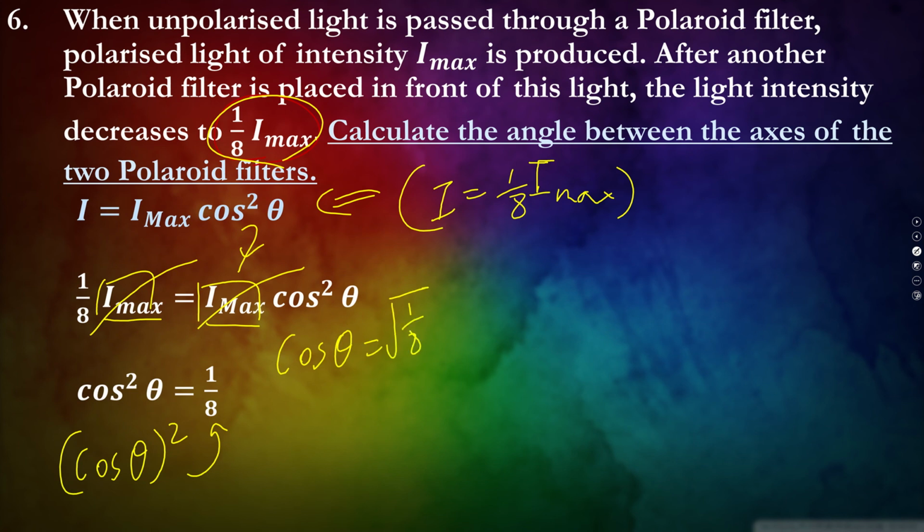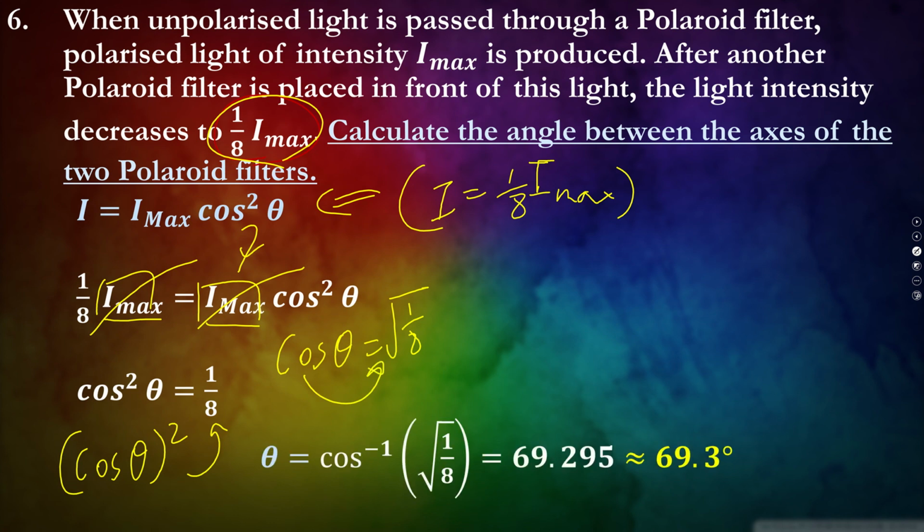If I then want to get theta, I take the inverse cos of 1 over root 8. And that gives me an angle of 69.3. Remember in your calculators to do this in degrees, not in radians. That will give you a different type of answer. So there's that. That's how you actually look into Malus's law. That's how it's applied.